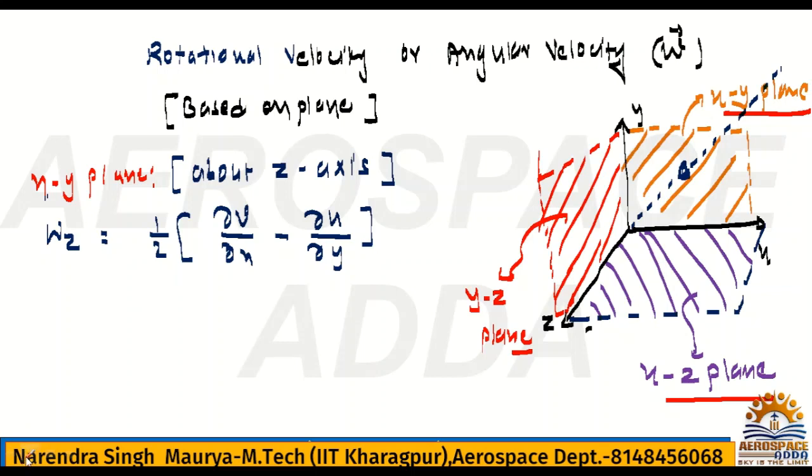Similarly, I want to write the xz plane. Where is the xz plane? Check. This is the xz plane. So perpendicular to this, what is the perpendicular to the xz plane? It is y.